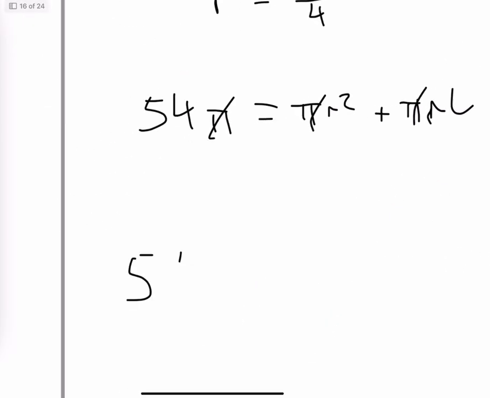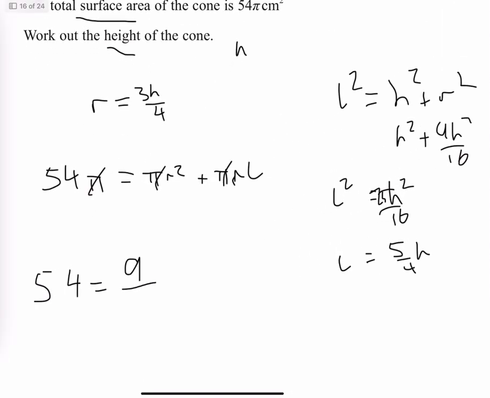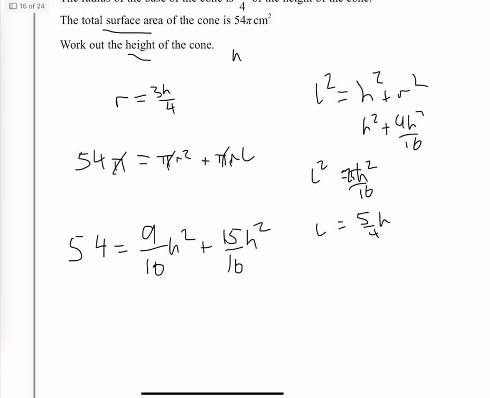Okay, so we now have 54 equals r squared, r is 3/4, that's again 9 over 16 h squared plus rl, so that's 3/4 times 5 over 4. So that would be 15 over 16. Use your calculator for this. Don't try and pull a me. I'm awful at these things.